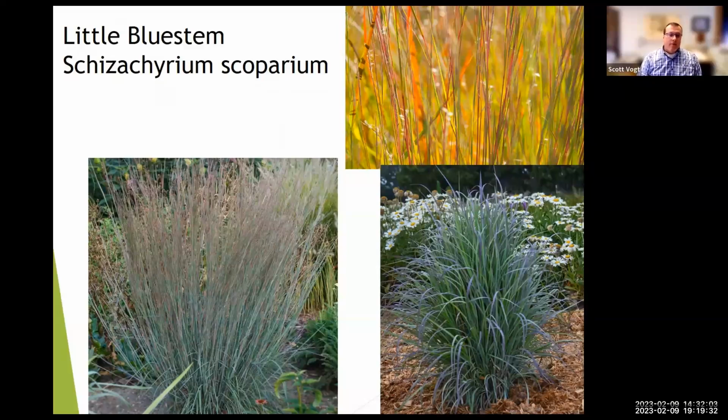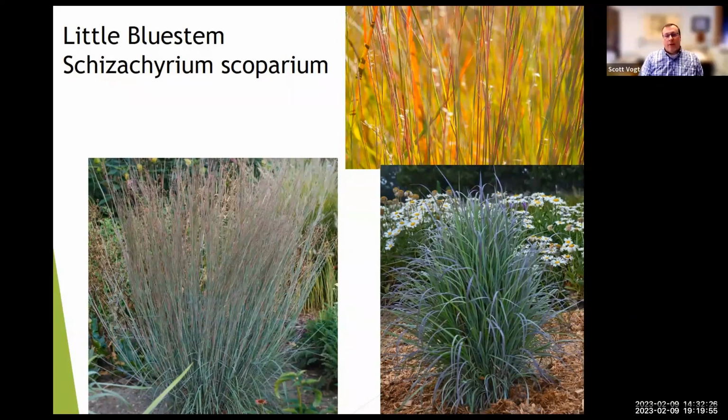Blue Heaven there on the left is a little bit taller, gets 4 or 5 feet tall. If you have really organic soil, rich soil, you may want to choose a shorter form like Munchkin or Carousel or Jazz. Those are forms that won't have a tendency to flop.